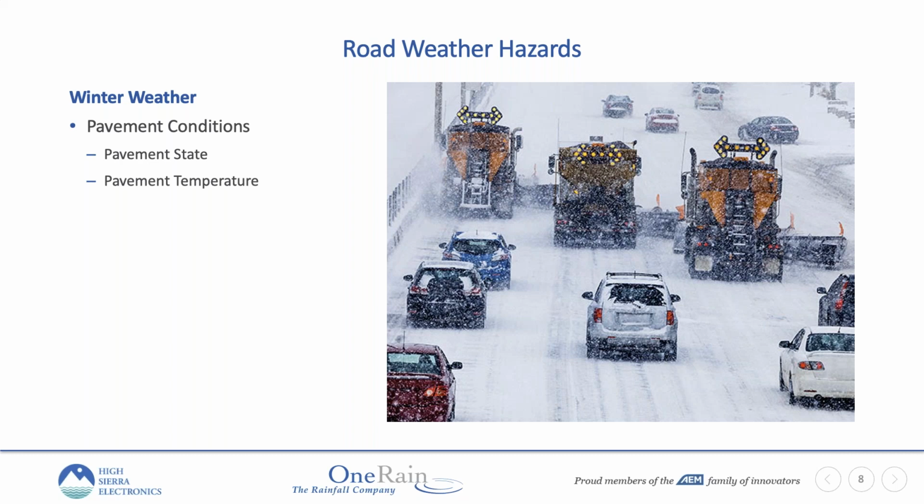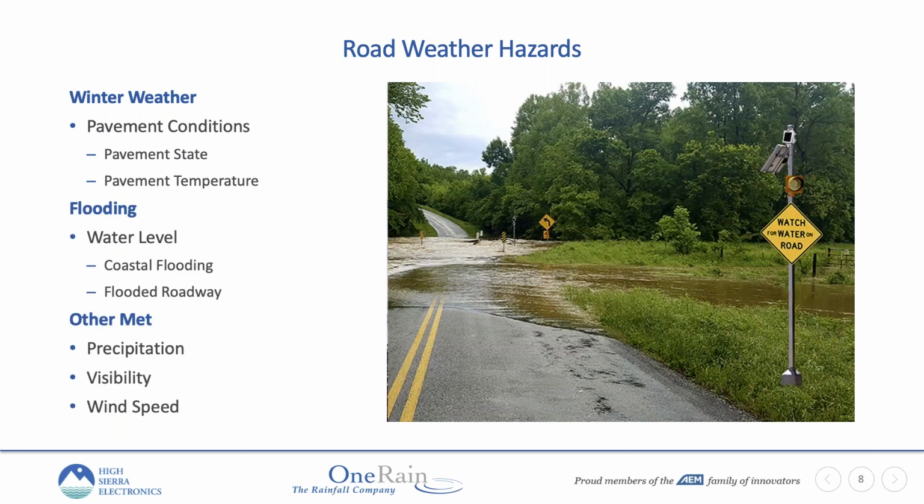This is a very well-known and studied and budgeted area of road weather, and we're going to spend a little bit of time on this. But the other 2 categories that I'm mentioning here often get overlooked throughout road weather hazard operations. The first one is flooding.